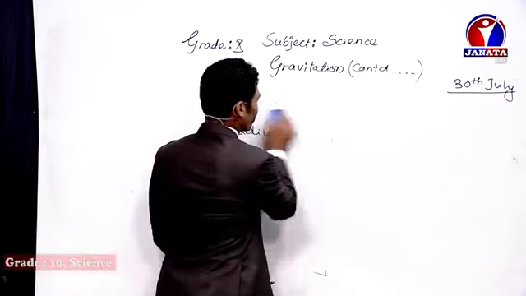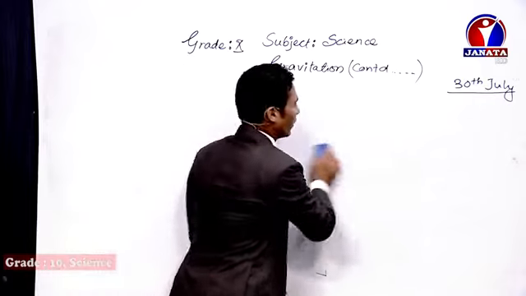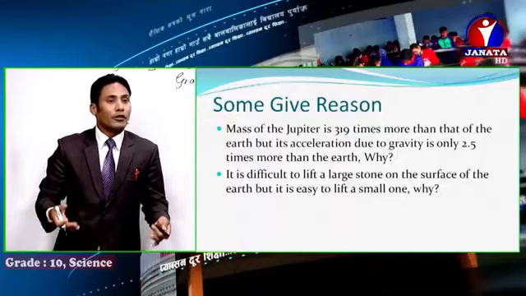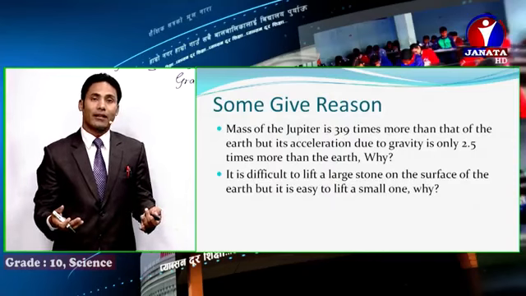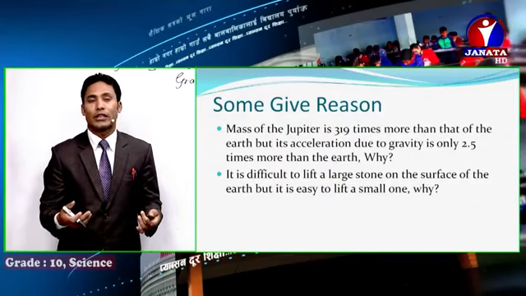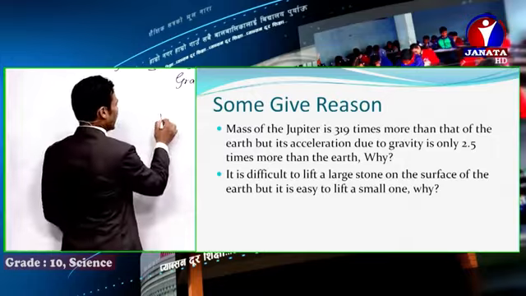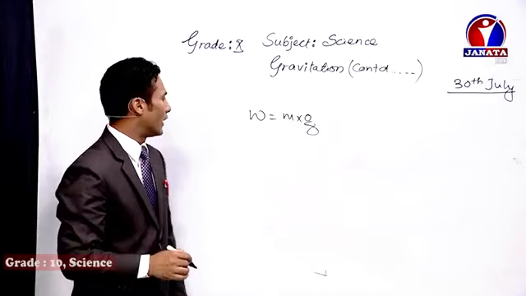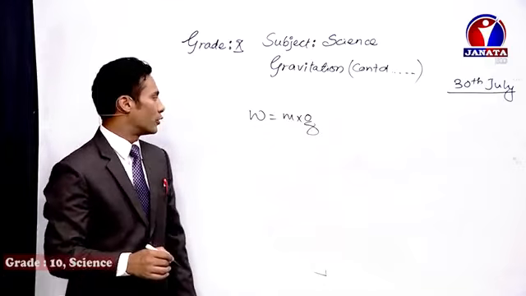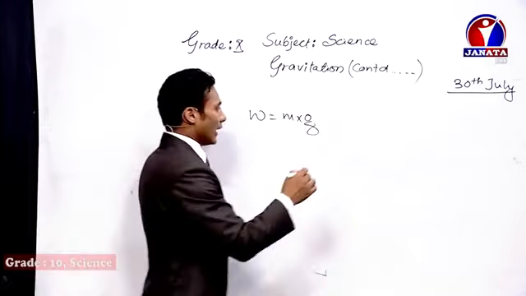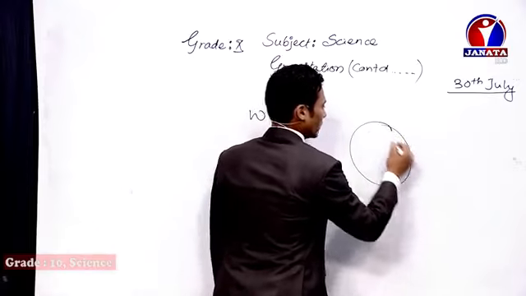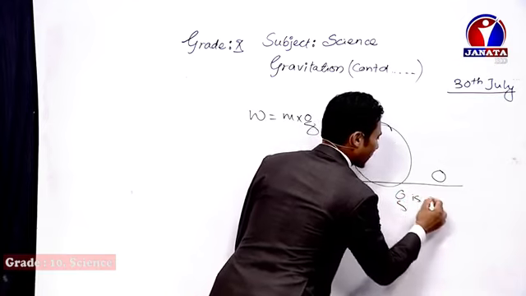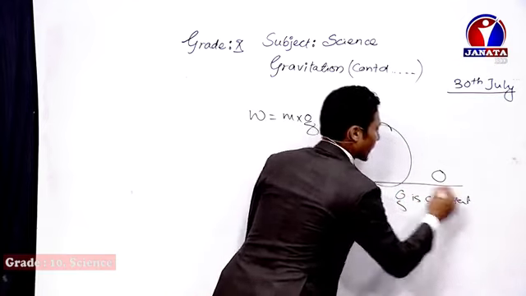Next one is there. Whenever we lift up two objects of different masses, it will be difficult to lift up the larger stone than the smaller stone. What is the reason? The formula of weight is mass into acceleration due to gravity, W = m g. And if we lift up the stones in the same place, then g is constant, right?